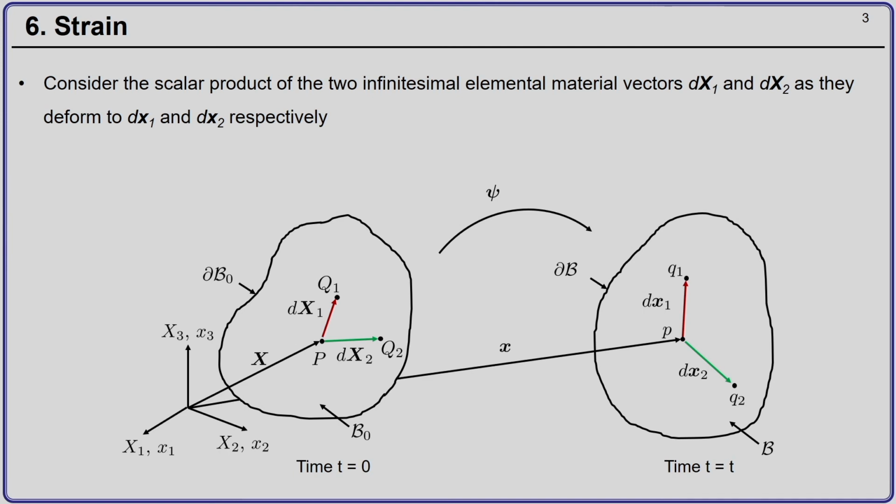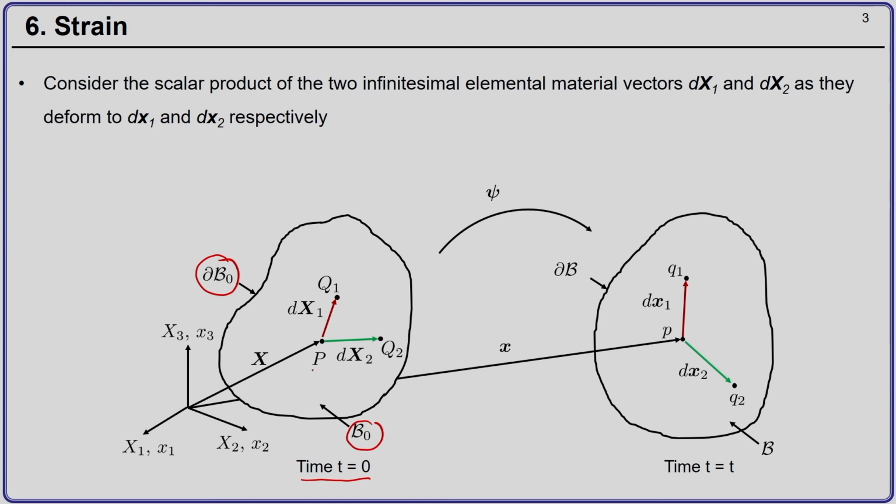Now, coming to strain. To define strain, let us first look into this picture. At time t equal to 0, our body occupies the initial configuration with volume B0 bounded by surface del B0.